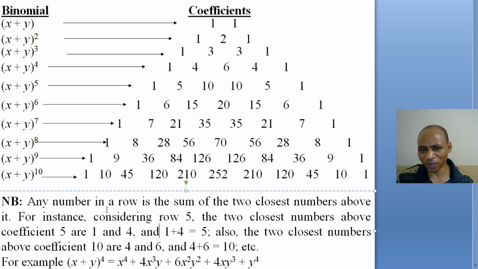So you can see that the first term in the binomial starts with the highest power, then in a reducing form, whilst the second term will also start with the what? The least power in ascending form.